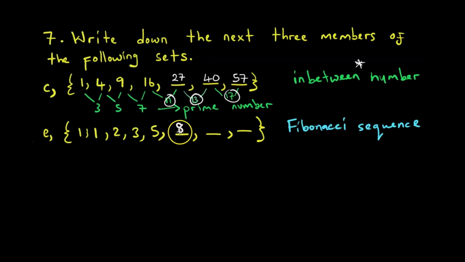Then from there 8 plus 5 we get 13. Then 13 plus 8 we get 21. As easy as that.